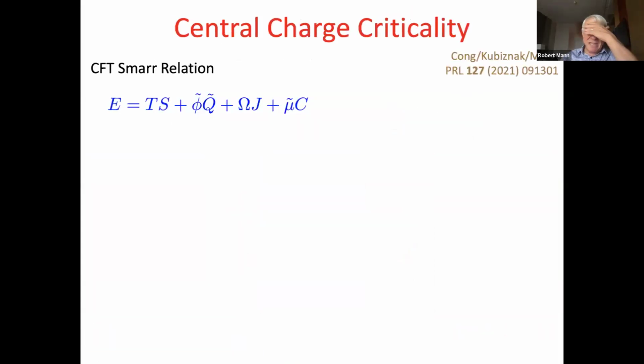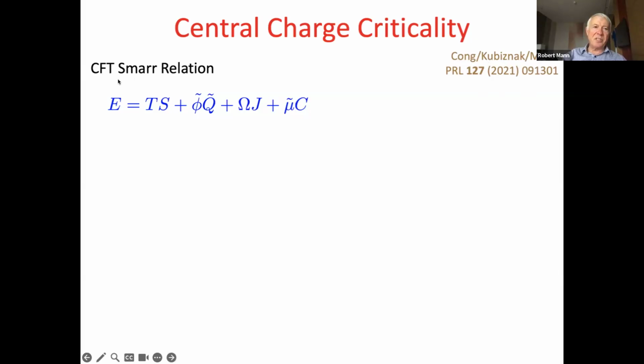And I'm going to mention how that was formulated more explicitly to give us an understanding of how the central charge plays the role of a critical parameter analogous to the way the pressure does in the bulk. And that was pointed out in this paper here with Jun Kong and David Kubiznak.